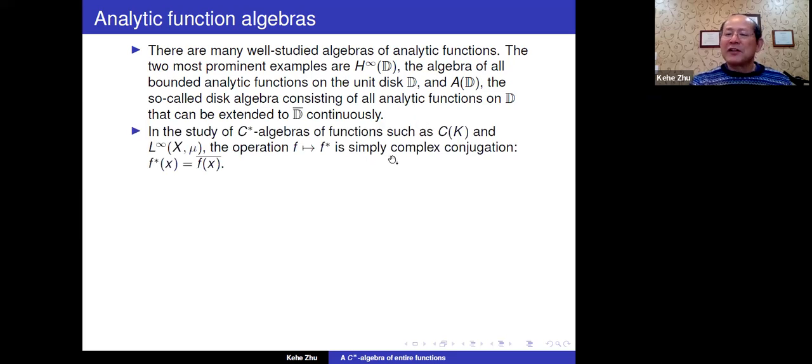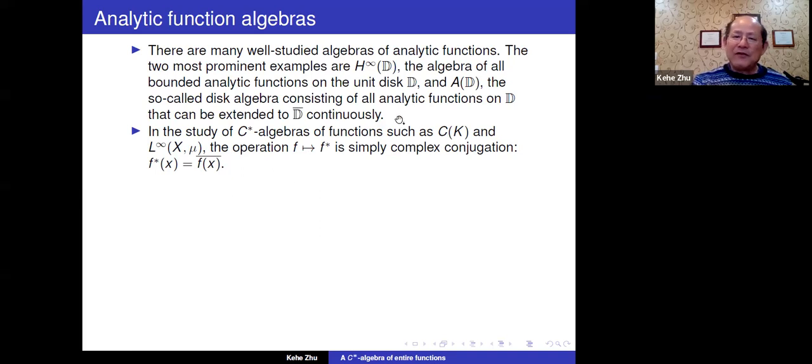When you study function algebras, people usually consider the star operation as the conjugation, as I mentioned earlier. Either you look at the algebra C(K) or L infinity, the star operation is simply complex conjugation.